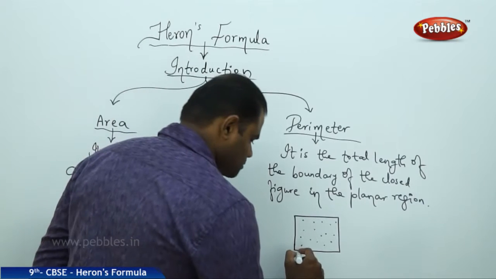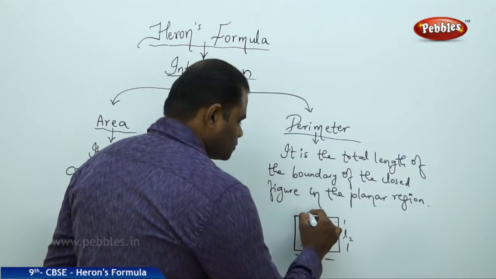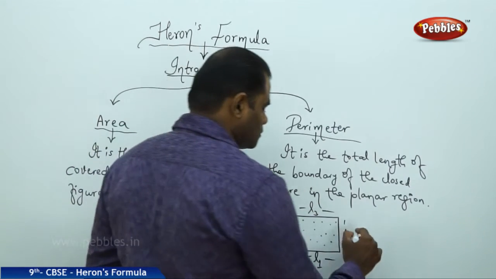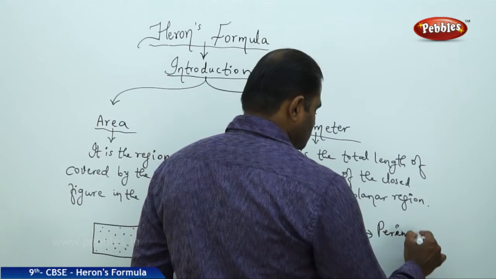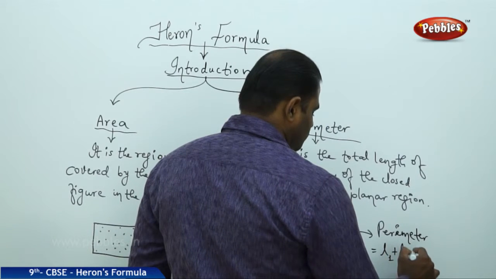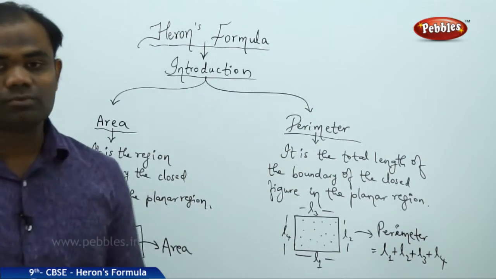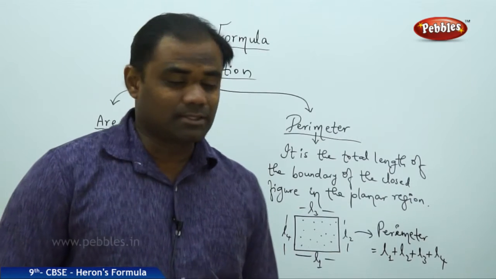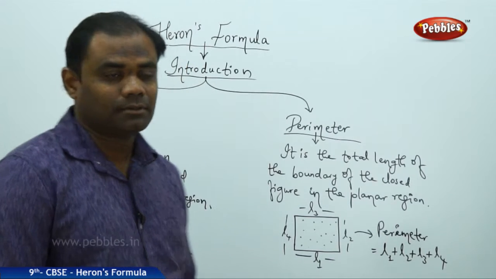Say the length of this boundary is L1, the length of this boundary is L2, and so on up to L4. Then perimeter is the sum of all the four lengths, L1 plus L2 plus L3 plus L4. The sum of all the lengths of the rectangular plank is nothing but the perimeter.